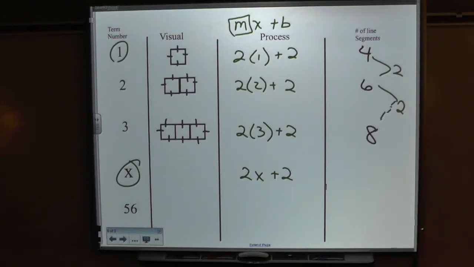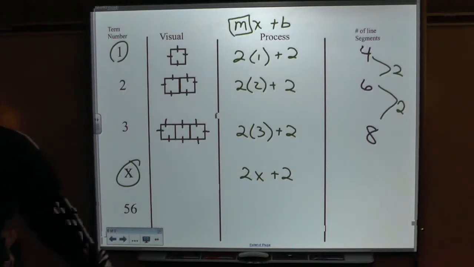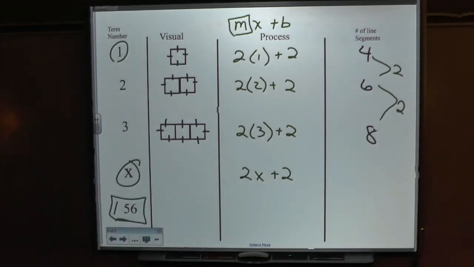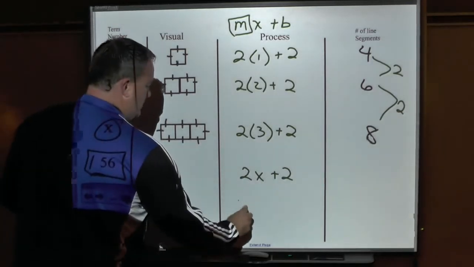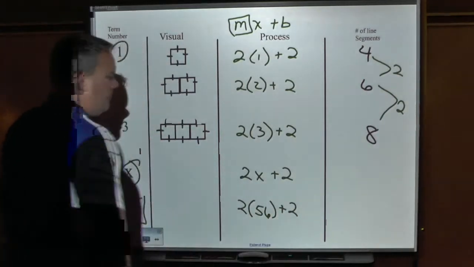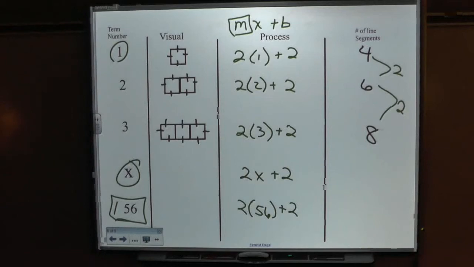Now, the reason why we have these patterns is to be able to predict. Because in life, we don't just have nice, easy 1, 2, 3 numbers. We have larger numbers. You might even have them in the thousands, the millions, who knows? But let's predict. What would happen if you have 56 boxes? If you have 56 boxes, you take that 56, you substitute it in for x, and you solve that.